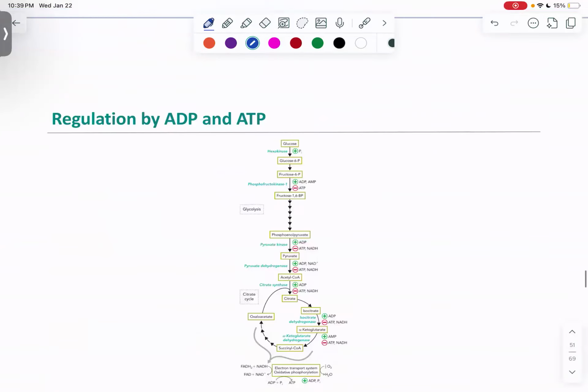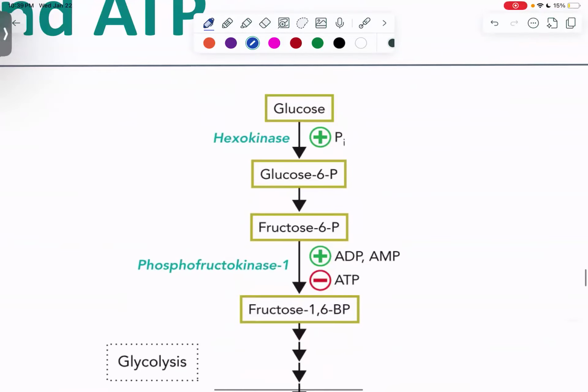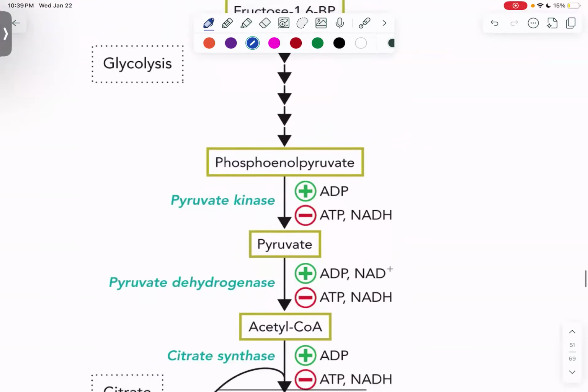So if you look, I know this is pretty small, but a lot of these things you already know. I'm not introducing too much new. If you have a lot of inorganic phosphate, that's telling me that my energy charge is really low. I don't have a whole lot of ATP. So any glucose that comes into the cell, I've got to phosphorylate it and trap it. Then we know that phosphofructokinase 1 is a key regulatory step in glycolysis, regulated by energy charge.